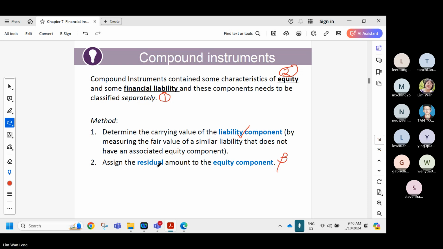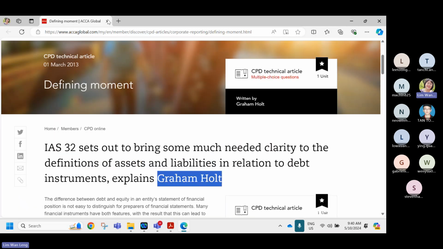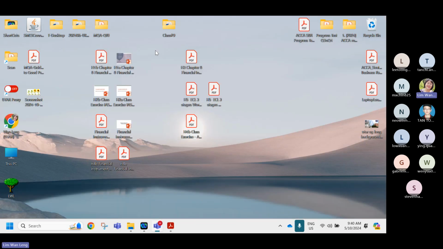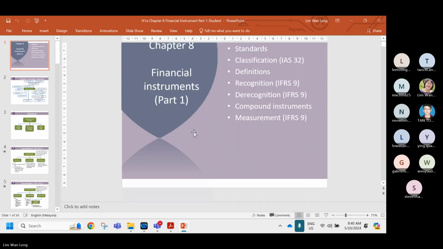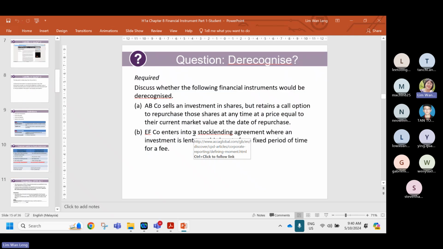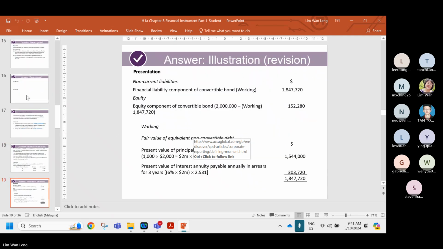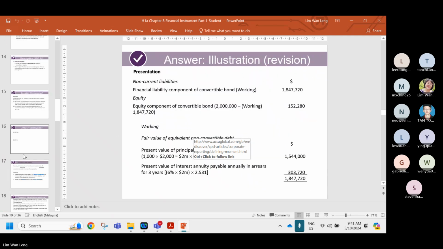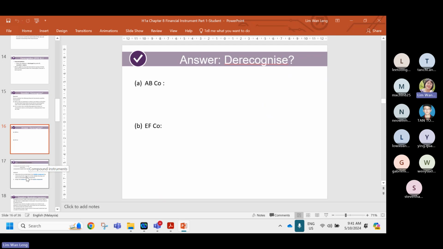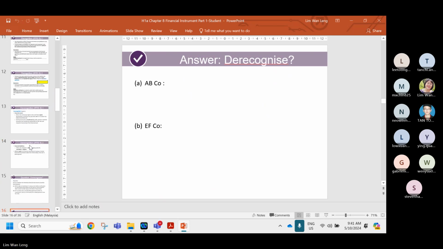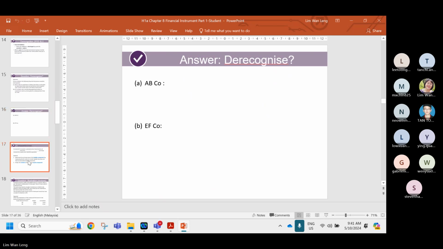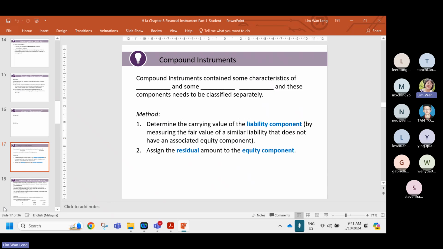Okay? And let me just have a look. This one we don't need. Did I give you this? I did, right? Oh, this EF, later I will just screenshot for you. Compound instrument.